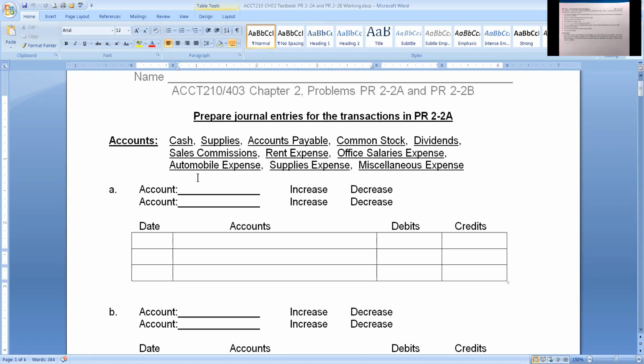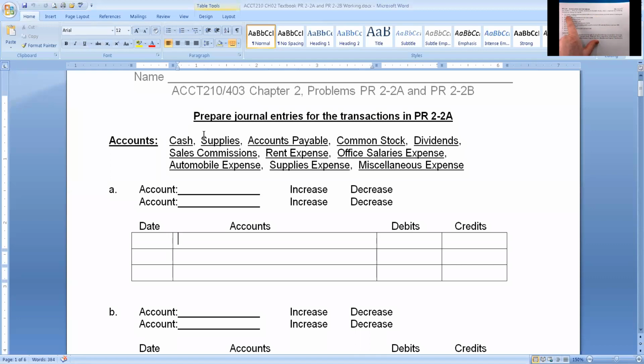Okay. So looking at A, we have Jay Crowley transferred cash from a personal bank account. So Jay took it out of his, or her, personal account to be used for business in exchange for common stock.